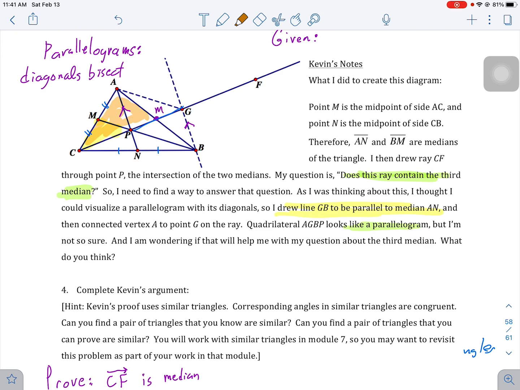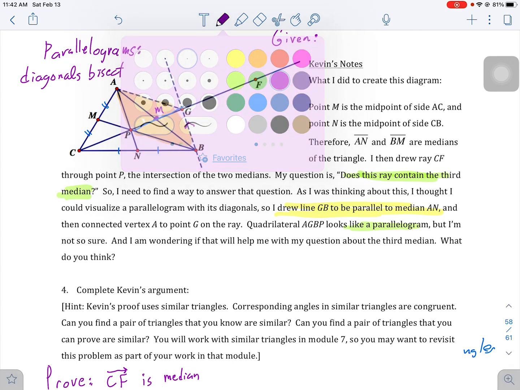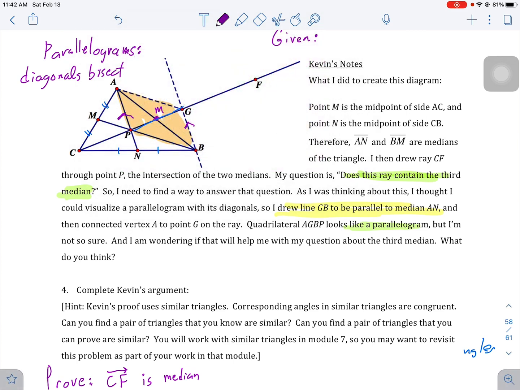If that's true, we have some corresponding angles, and we can show with those corresponding angles that the other sides are parallel because of these corresponding angles.